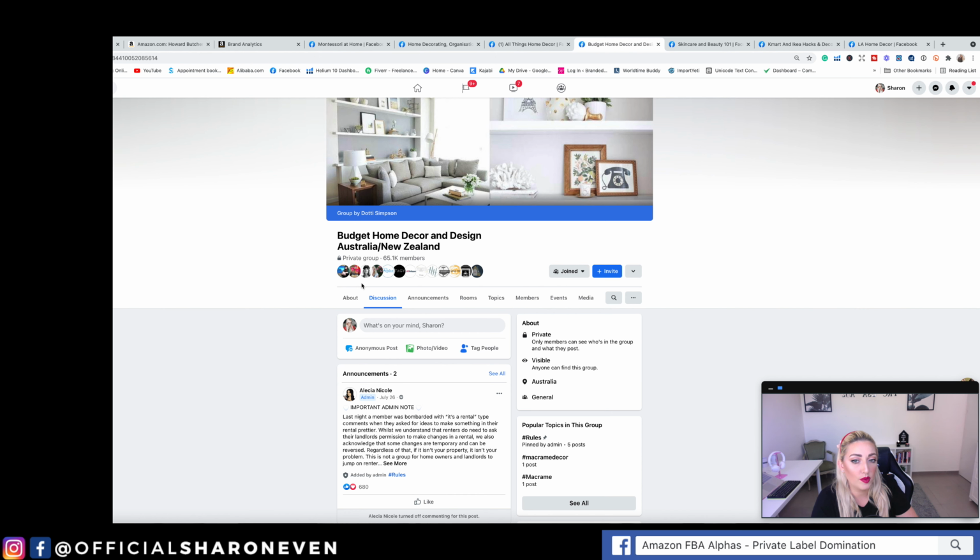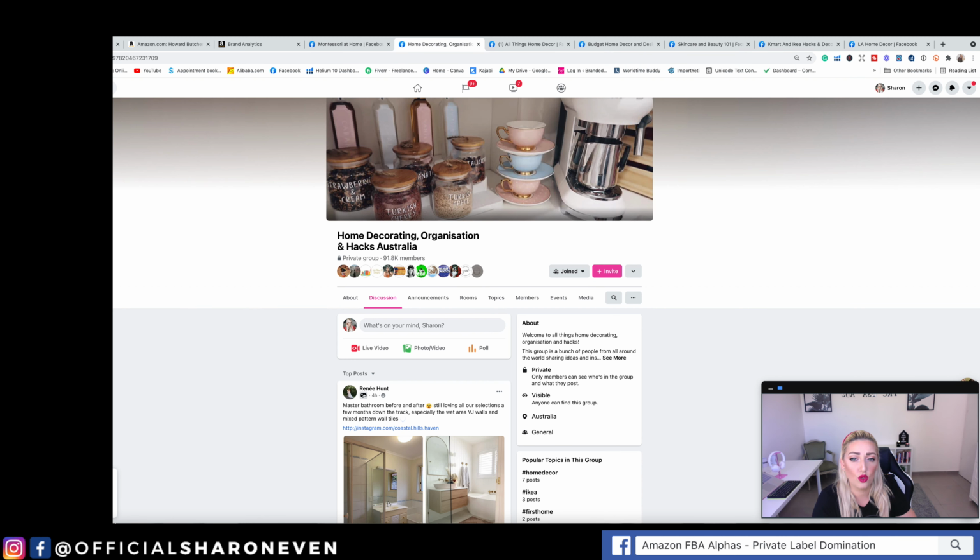Okay, so there's 65,000 people here. This is specifically for home decor. There's actually one, here it is, home decorating and organization. So I'm also in a whole bunch of home decor and organizational hack groups. So this is just one example. Let's pretend that I was looking into the Lego niche.